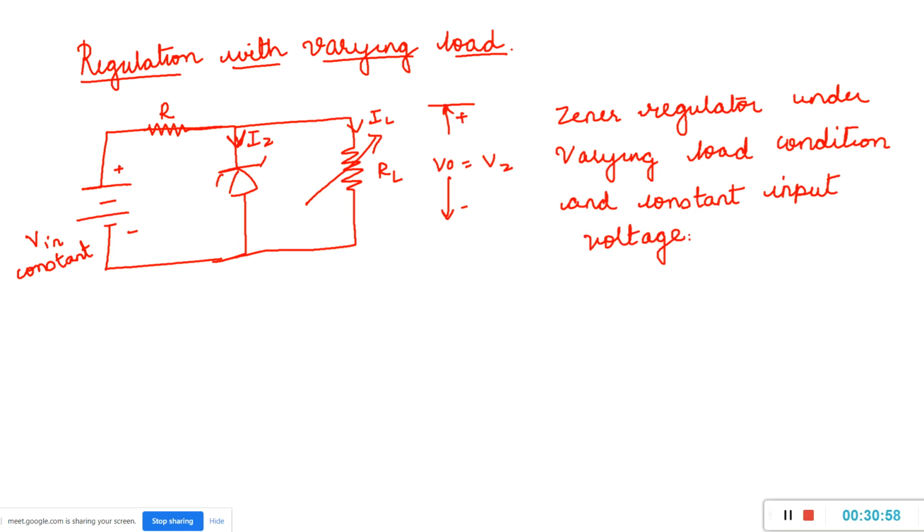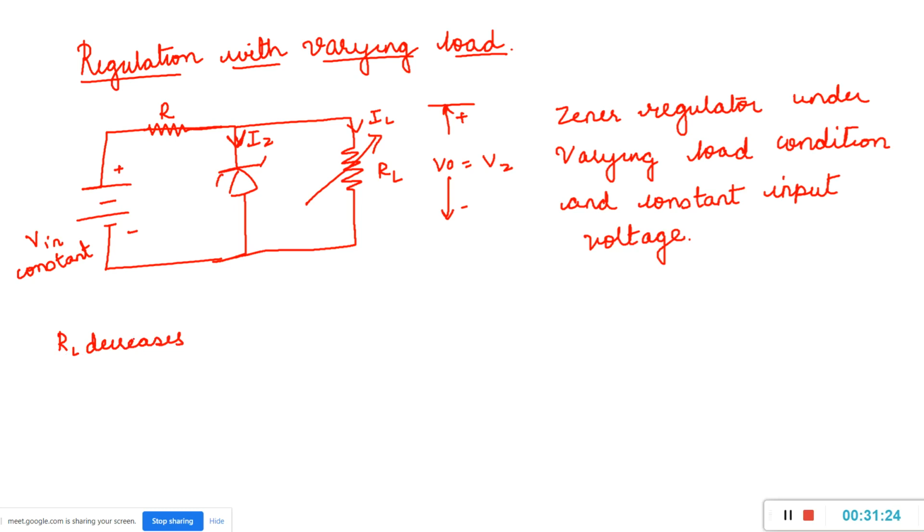Now what happens? The input voltage is constant, okay, while the load resistance RL is variable. As the Vin is constant, V0 is equal to Vz. The constant, then for a constant R, the current is also constant, right? So what I want to mean here is, if suppose RL decreases, now we are varying the load, right?